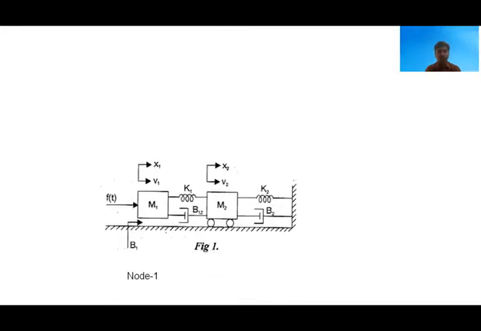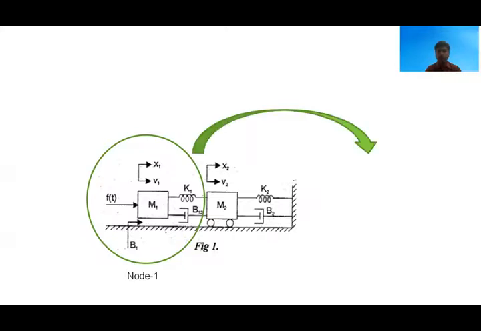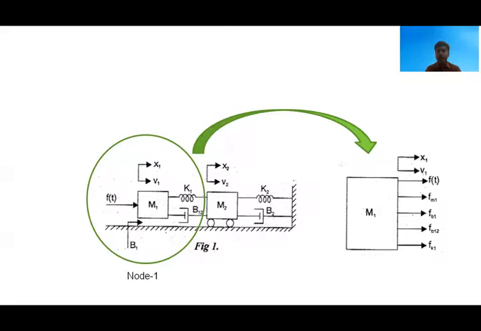Now we'll write the free body diagram at node 1. Since we have four opposing forces acting on M1 and one applied force acting on M1, in total we have 5 forces at node M1.